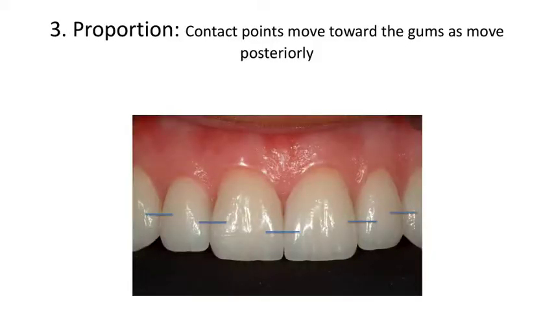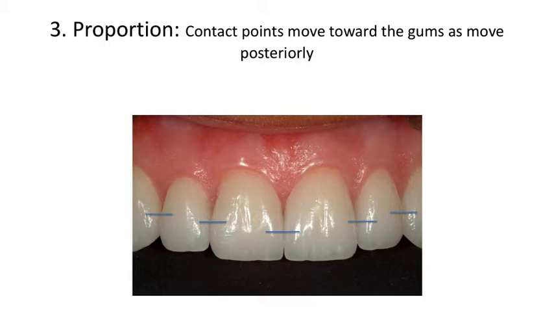The next part under proportion that I'd like to address is what we call the contact points. These are the areas where the teeth touch. These contact points should move from near the biting edge of the tooth towards the gum line, the farther back in the mouth you go.